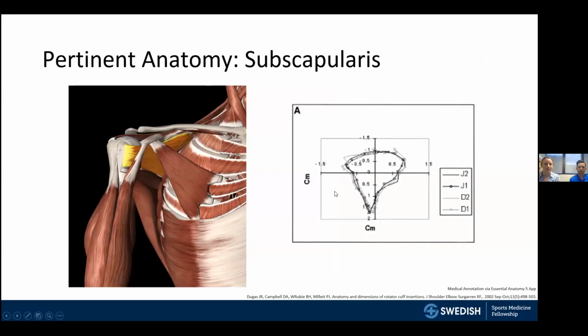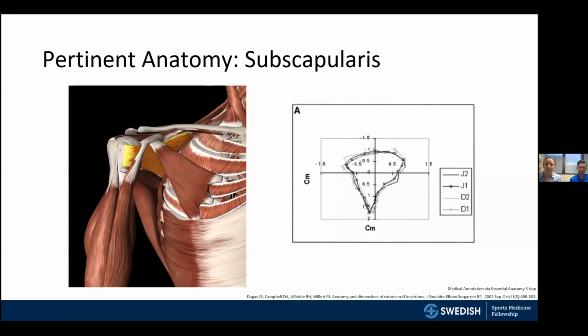And then the subscapularis is the other structure that we're really focusing on in our ultrasound scan today. It comes from the subscapular fossa on the scapula, and it inserts onto the lesser tubercle of the humerus. This tendon insertion, you can't exactly see in the picture, but this diagram, I think, represents it very well.